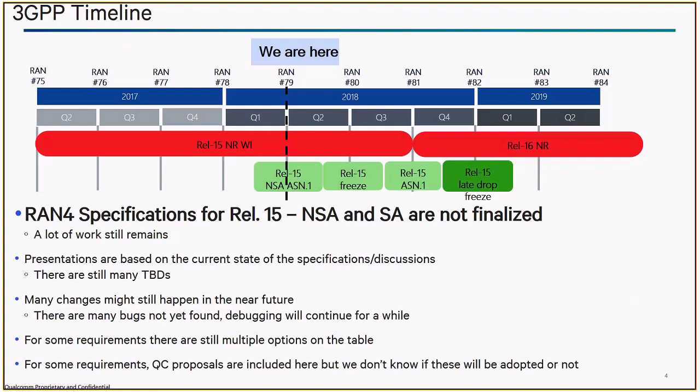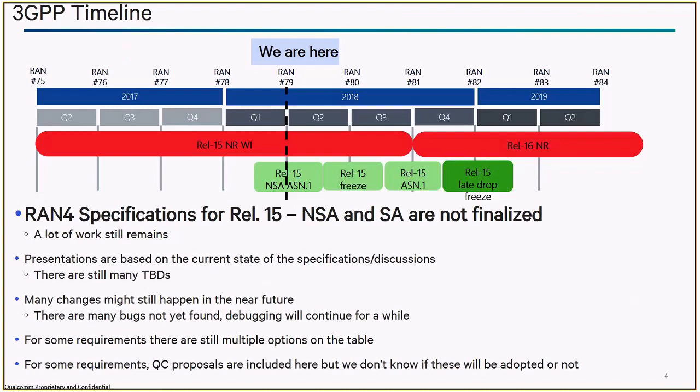So that is their scope. RAN 2 works mainly on the layer 2, layer 3 protocol kind of aspects. So when we say NSA and SA specs were frozen for release 15, it is from the RAN 1 and RAN 2 perspective. So the physical layer aspects and the protocol layer aspects are defined as of now.